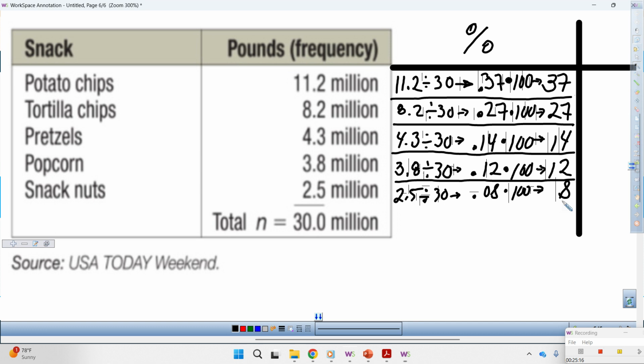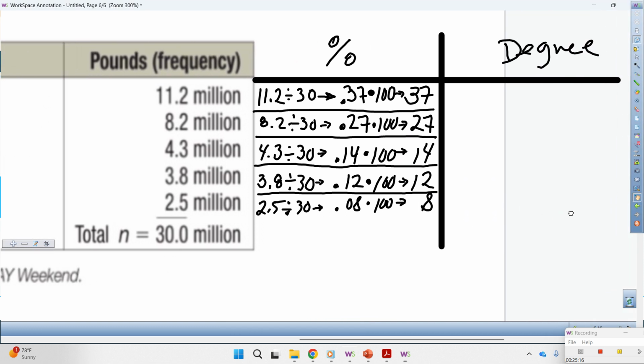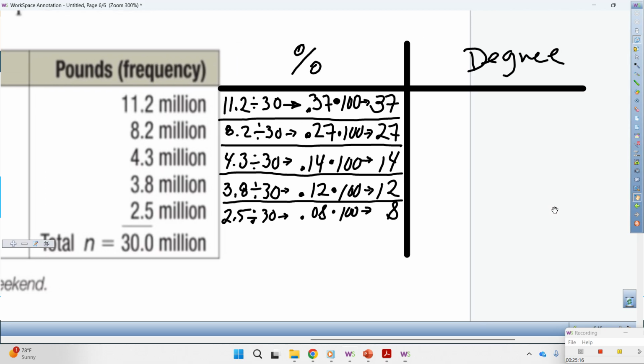All right. We got percentages, but now we need what? Degrees. Now, percent, 100% is the whole pie. Is that correct? However, how many degrees is the whole pie? Tell your neighbor. Yeah, 360.